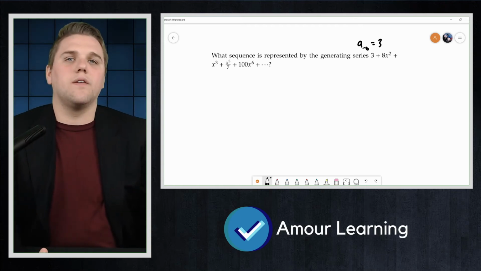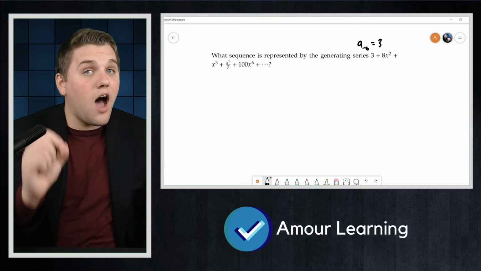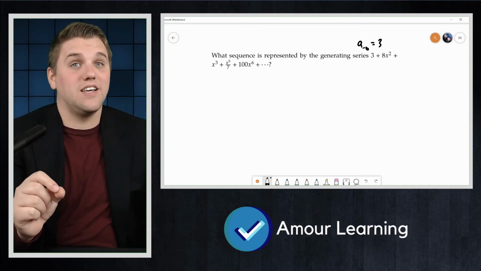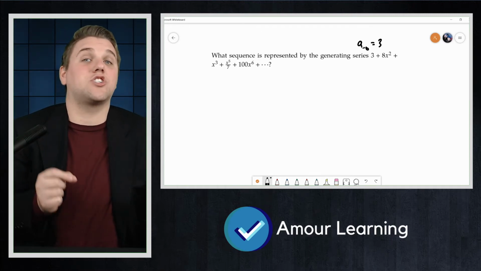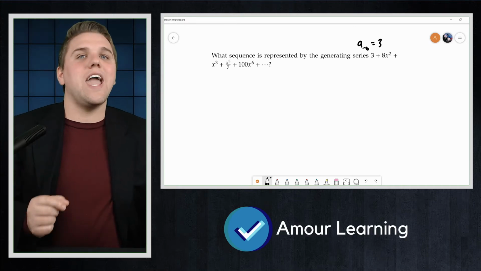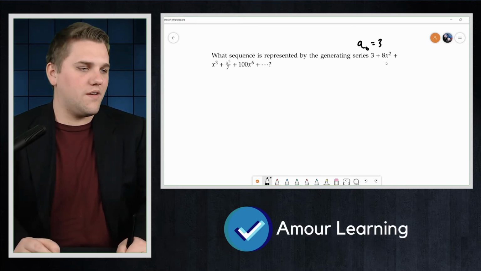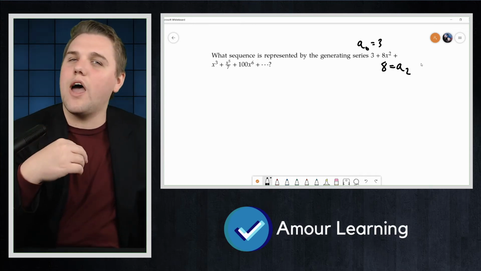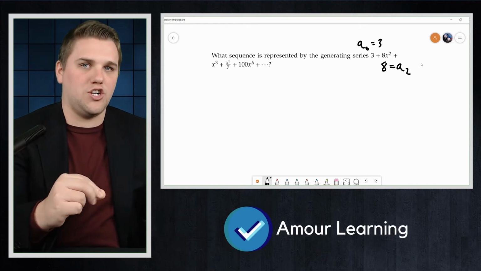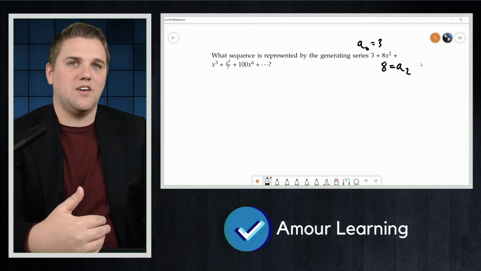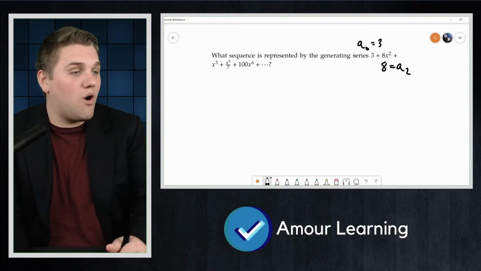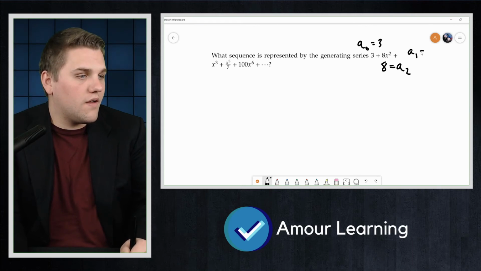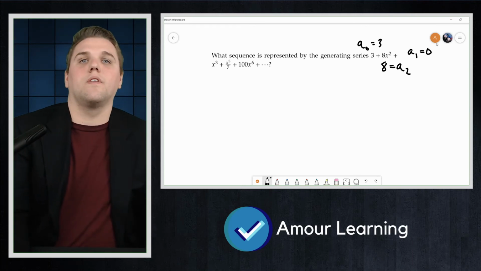What's a1? Well, it is not 8, since 8 is the coefficient of x squared. So 8 is the term for a2 of the sequence. To find a1, we need to look for the coefficient of x, which in this case is 0. So a1 equals 0.